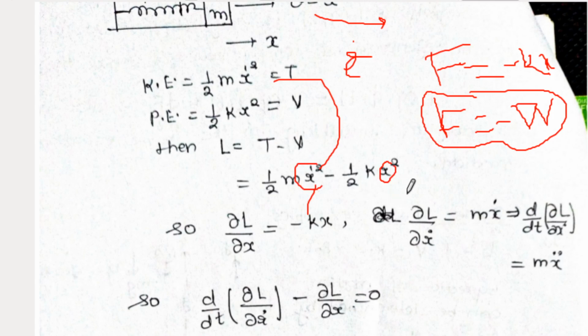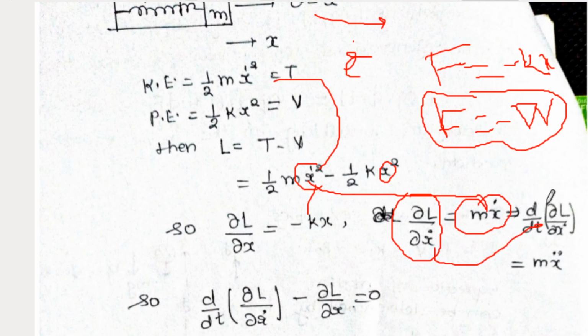When you take the derivative of L with respect to the generalized velocity x dot, you will get m x dot, and when you take the exact time derivative of this partial derivative, we will get m x double dot.